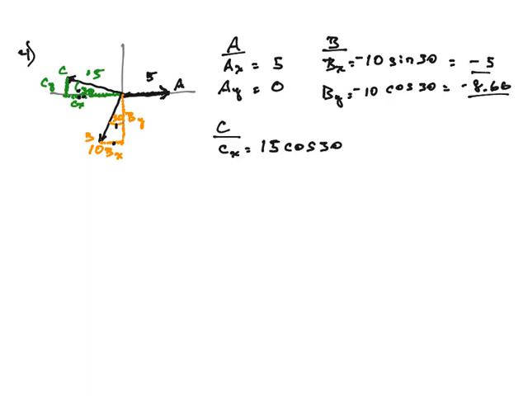Okay, is it positive or negative? Note that vector C points up and to the left. Well, in the x direction, it points leftwards, so it's negative. So I plug this in my calculator, and that tells me CX is negative 14.98.